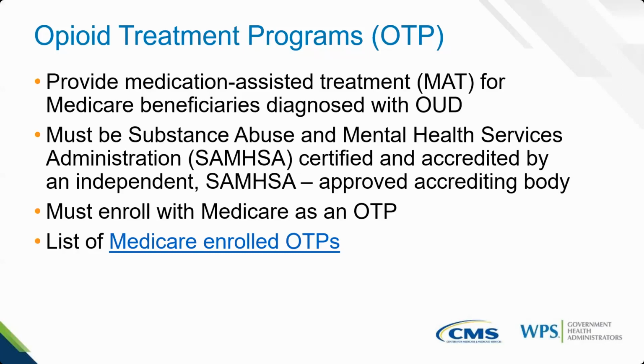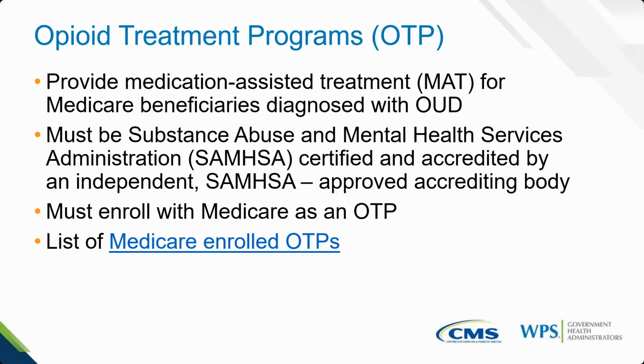That is the precursor and the most important thing for the OTP programs. Part B will pay for medications for opioid use disorders that are provided by an OTP. There is no co-payment for OTP services for Medicare patients, but the Part B deductibles do apply. So that is something to know, maybe pass on to your patients.